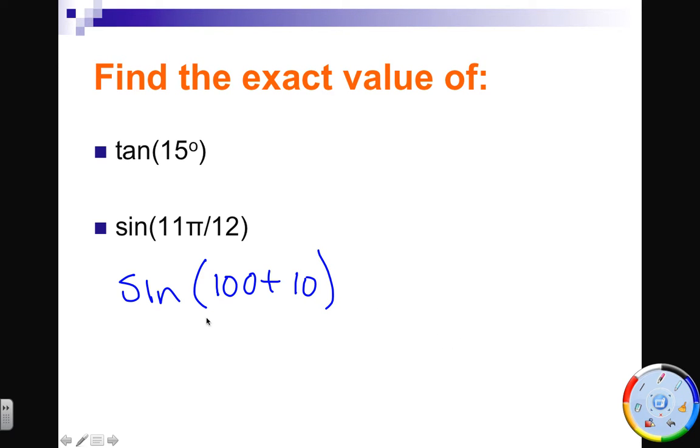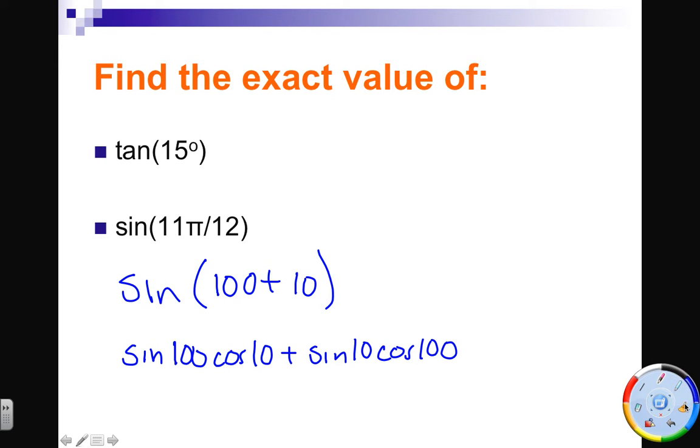Well, this tells me it's a sum inside the sine, which tells me it's got to be the sine of the first one times the cosine of the second plus the sine of the second times the cosine of the first one. Now that doesn't really help me in this particular question because I don't know what the sine of 100 is or the cosine of 10.